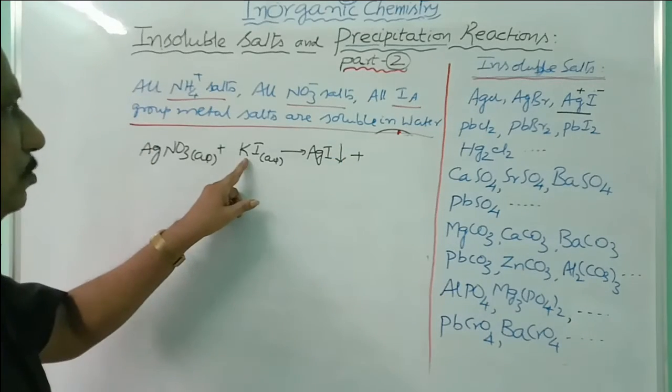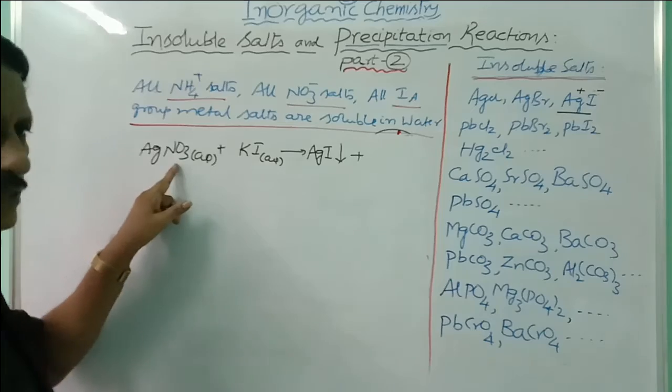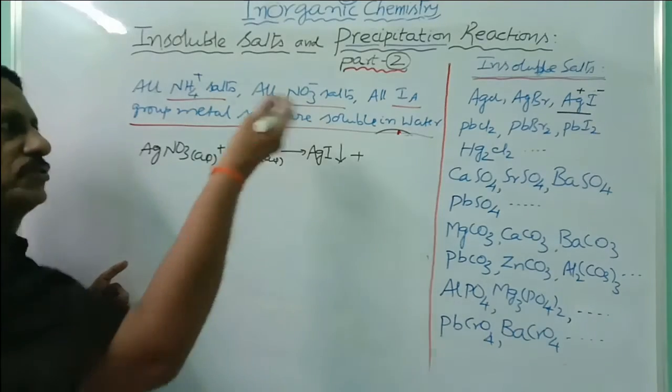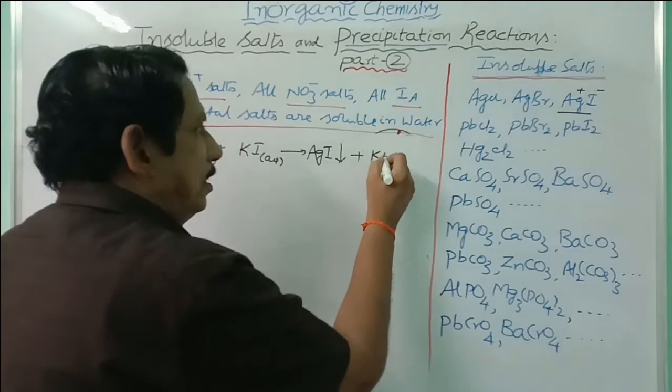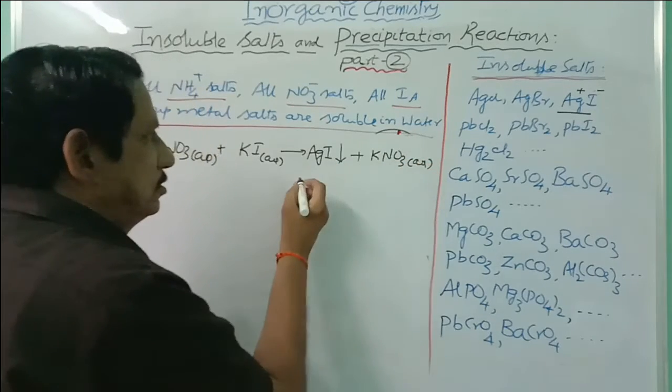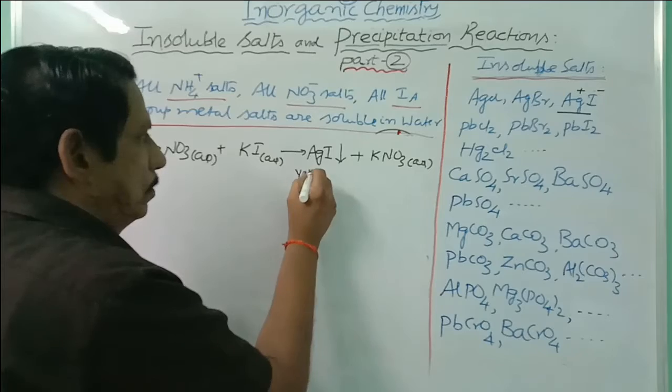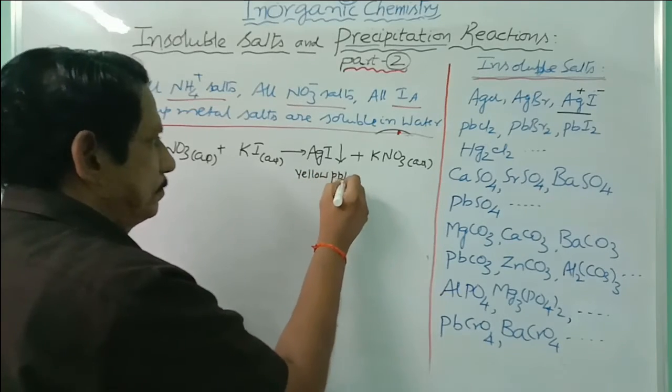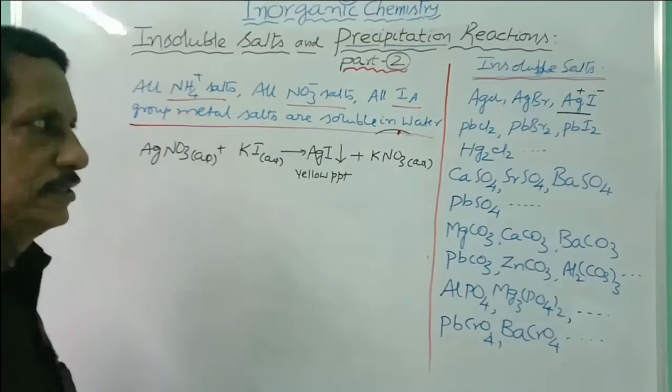The remaining two ions, namely potassium ion and nitrate ion, remain in solution. That we will show here: KNO3 aqua. This is silver iodide, yellow precipitate. Equation over.